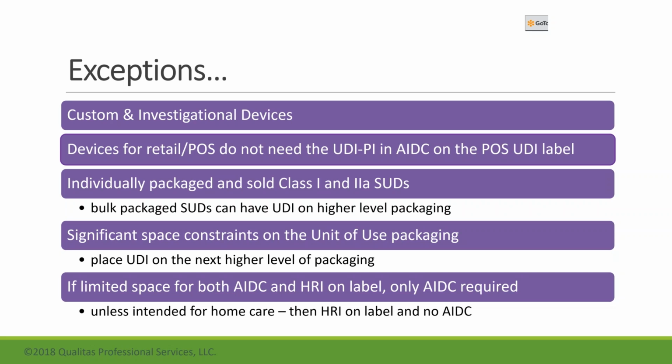Or if you have a lot of marketing information, maybe your logo is really large on your label, and you have a bunch of other information, or maybe a picture or drawing of the device itself on that label, you'll have a difficult time trying to get an exception for that, because they could say, well, you've got more information here for marketing than you do for patient safety. So just keep that in mind as you're looking at using space constraints and limited space as an exception reason.